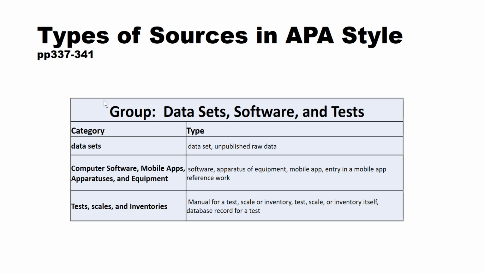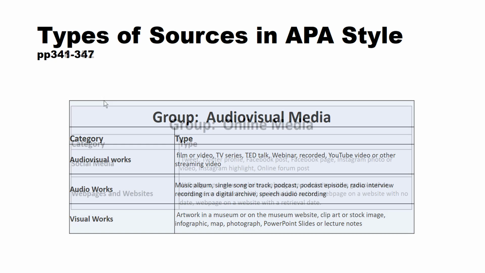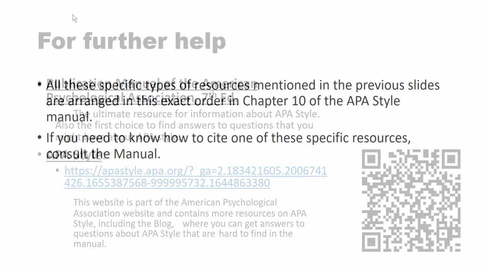Included in this group is datasets or raw data, software, and tests. The third group is audiovisual media, which includes things such as TV series, webinars, YouTube videos, music albums, artwork in museums, and photographs. The last group is online media, which includes all social media and web pages.